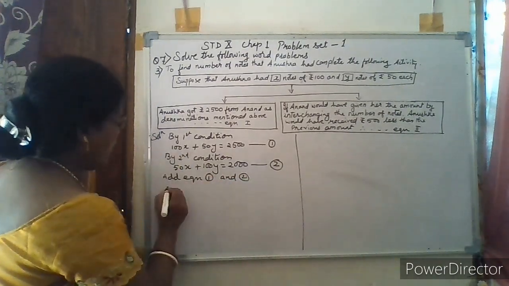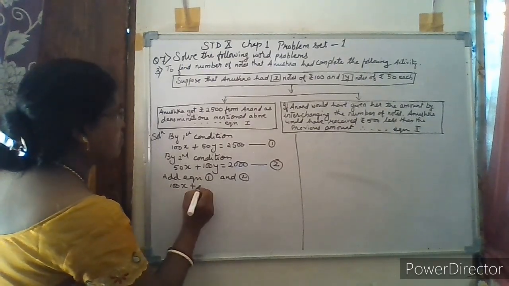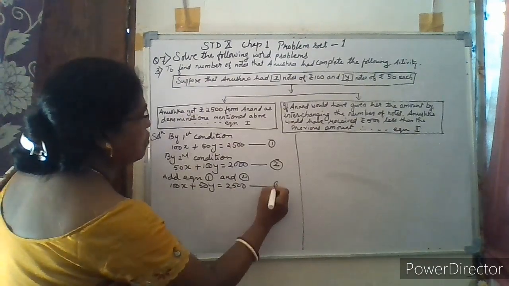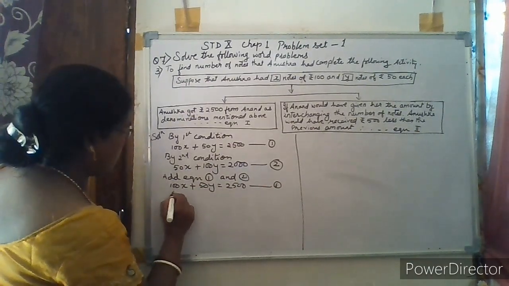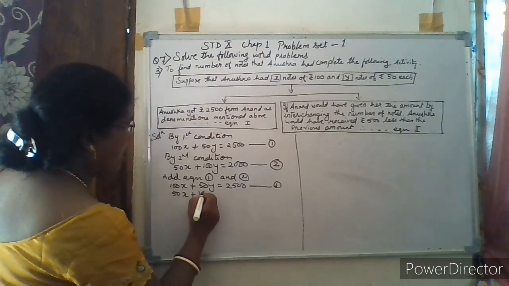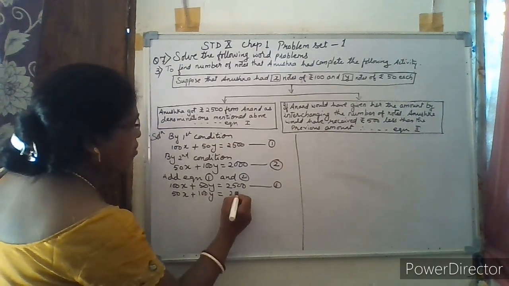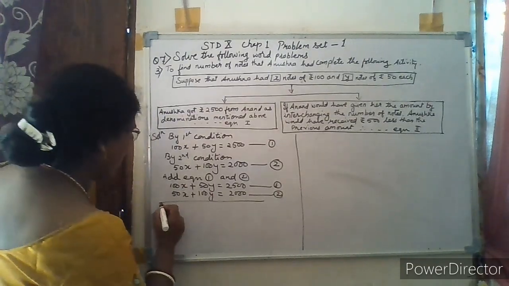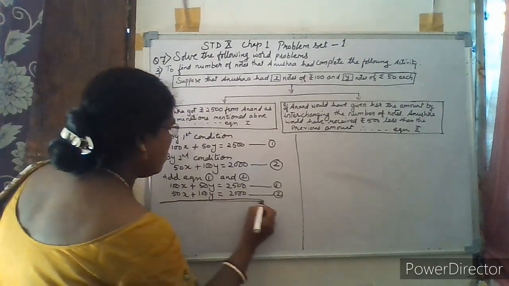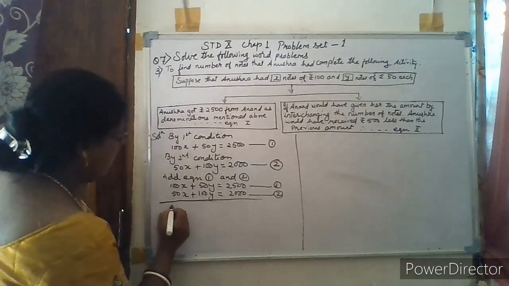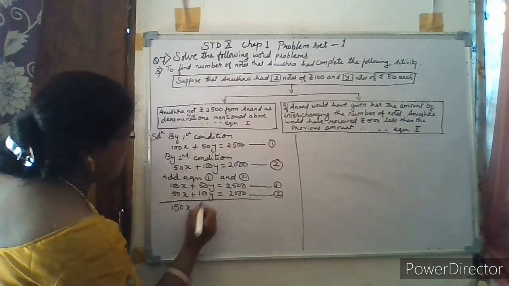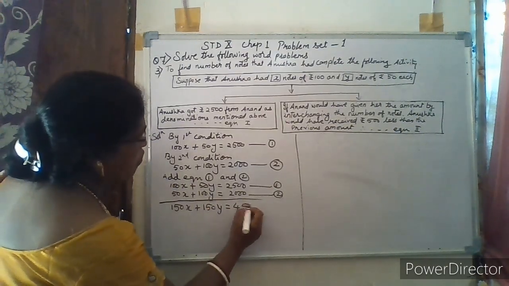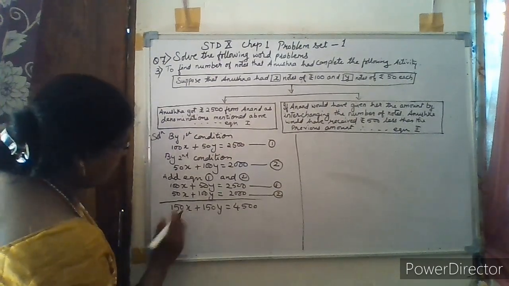So we get 100x plus 50y is equal to 2500, equation 1. Now equation 2 is 50x plus 100y is equal to 2000. This is equation 2. So we are adding the equations. Therefore we will get 150x plus 150y is equal to 4500. 150 is common here.